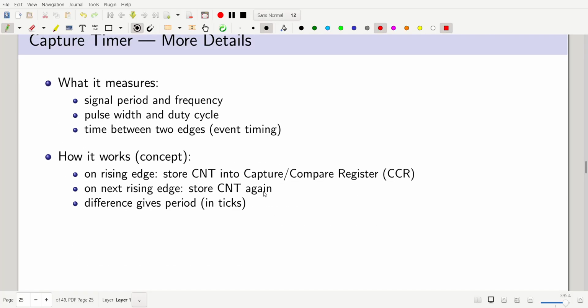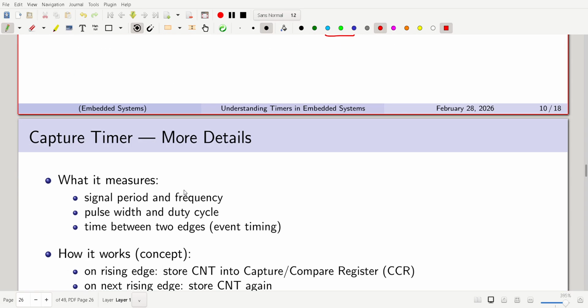So how does capture timing work? On a rising edge, the counter value is stored into the capture register. On the next rising edge, we store the count again, and the difference gives the period in ticks. Got it? This difference gives the period.